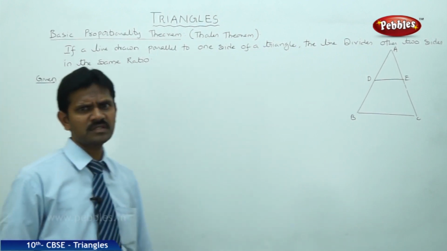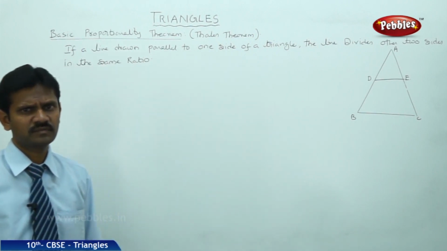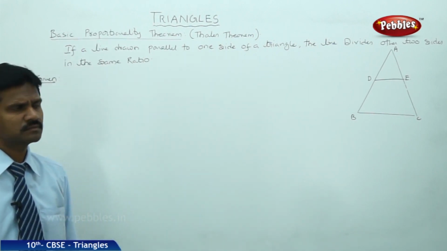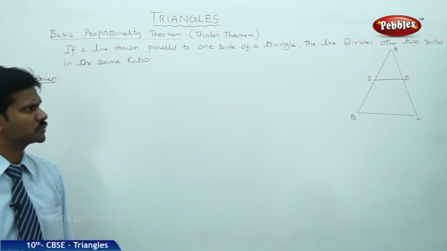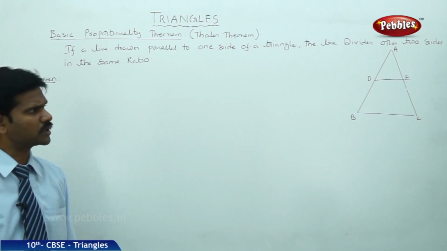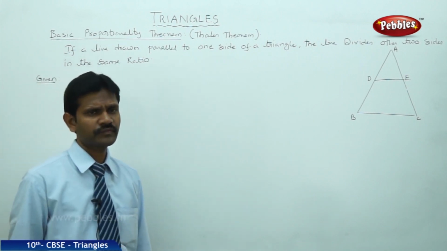A theorem mainly consists of four parts. Part 1 is the given, part 2 is the RTP, required to prove, part 3 is the construction, part 4 is the proof.